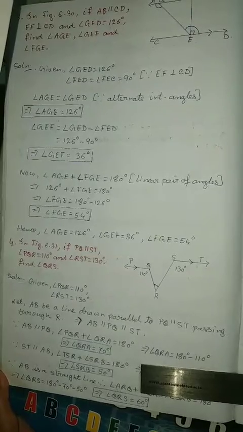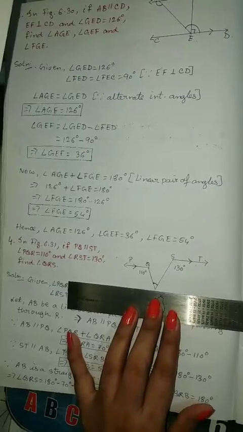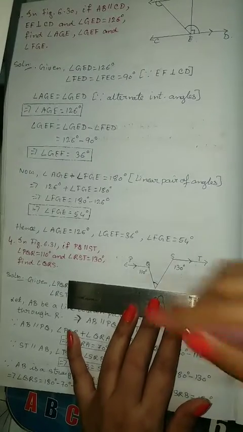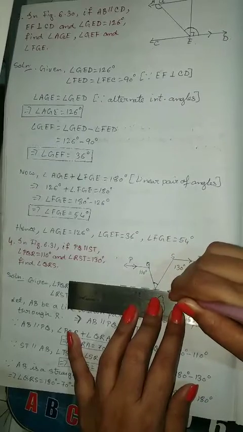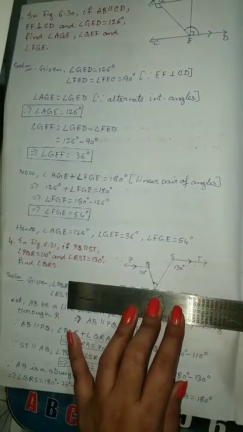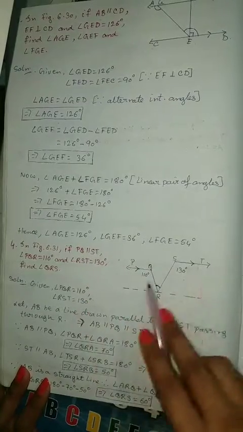To solve this question, we have to make some changes, or rather include a few more things. So we'll draw a new line which will be parallel to the above two lines. PQ and ST are already parallel to each other.